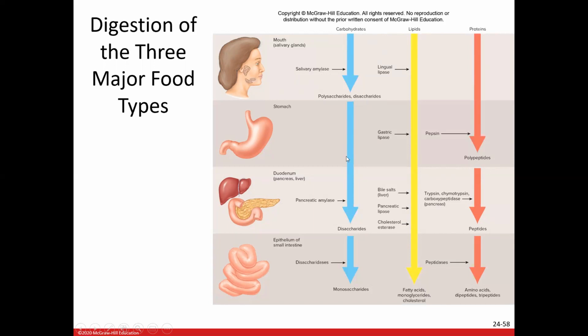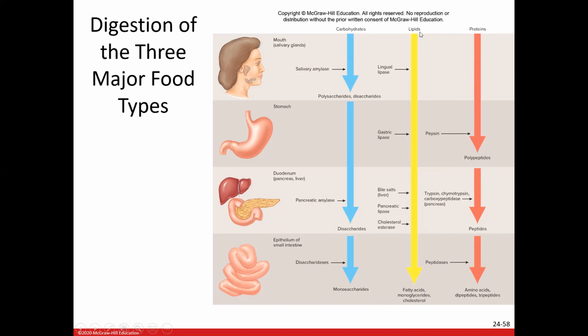Nothing happens in the stomach with carbohydrates until we then get to the duodenum, that first section of the small intestine, because we have secretions from the pancreas and the liver here. So for carbohydrates, we have your pancreatic amylase, and that breaks those compounds down into disaccharide form. And then we have those disaccharidases, which break them down into monosaccharides.